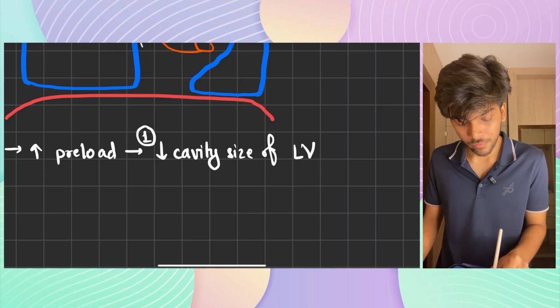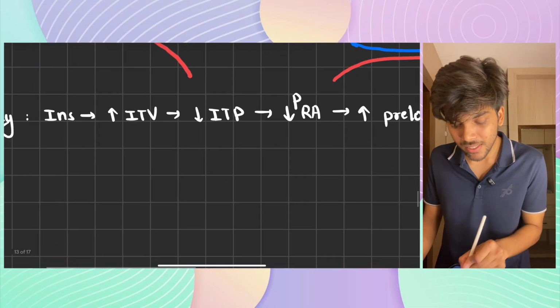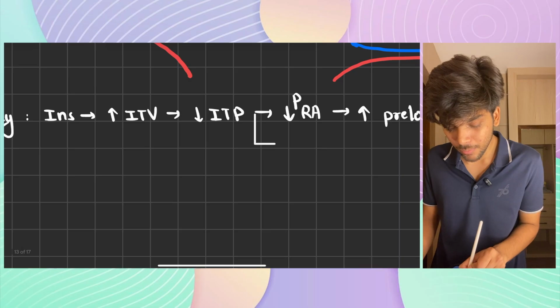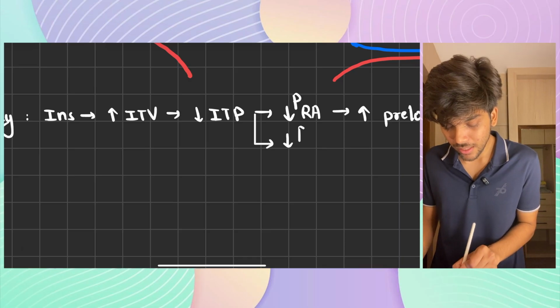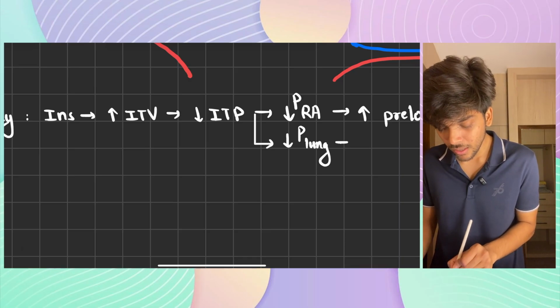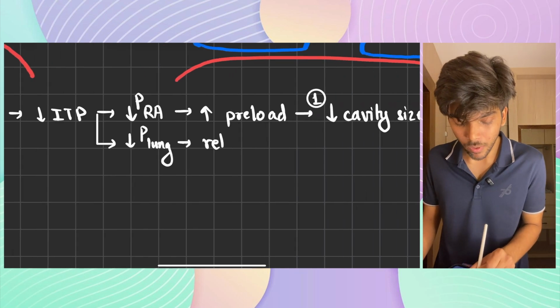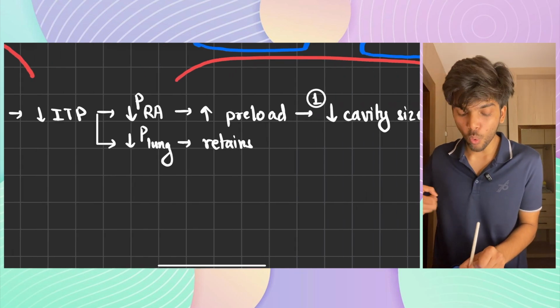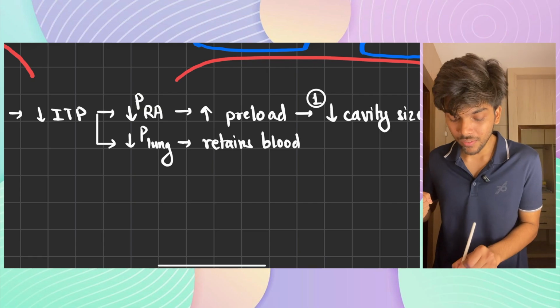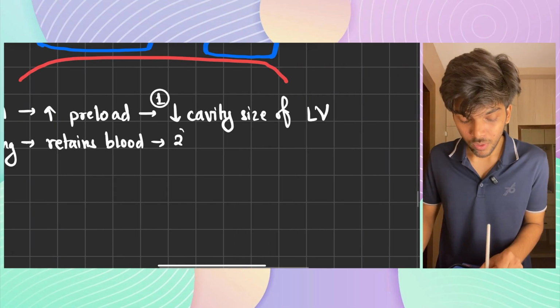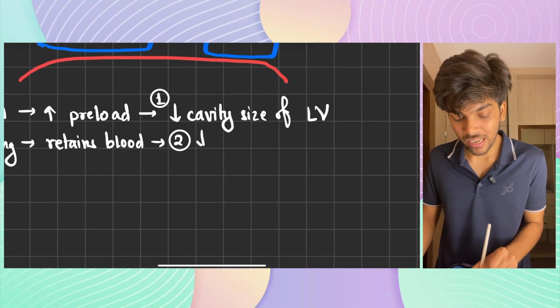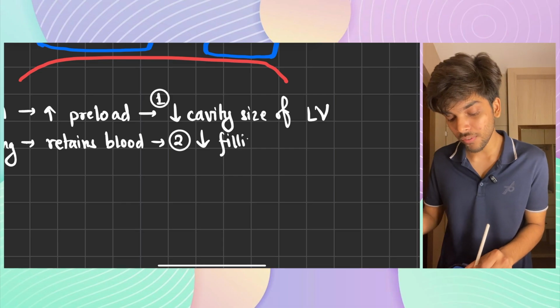The decrease in pressure is not just in the right atrium. There is also decrease in pressure in the lung. As a result, it holds blood in itself. So number two, less filling of the left ventricle through the left atrium.